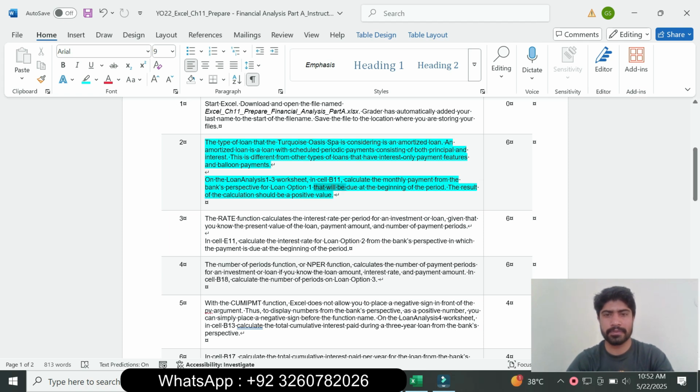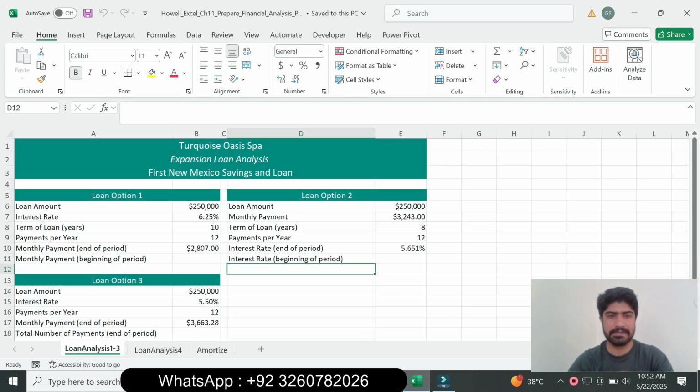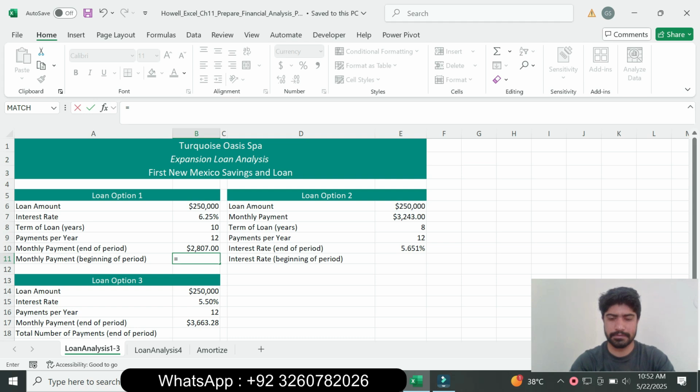So insert the PMT function for the monthly payment from the bank perspective, loan option 1. Go to the Excel worksheet and select cell B11. Type equal to and type the PMT function. Select B7 divided by B9 and type a comma.